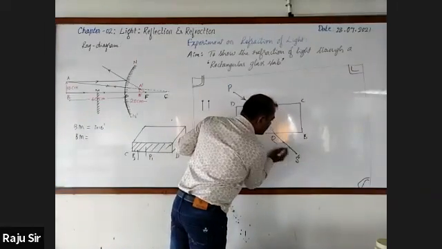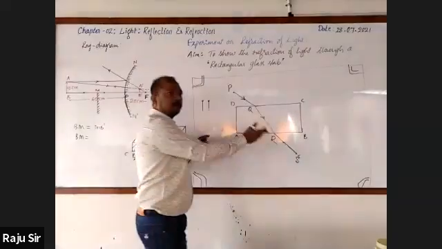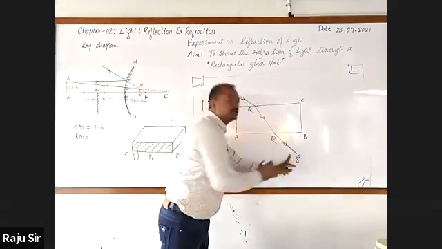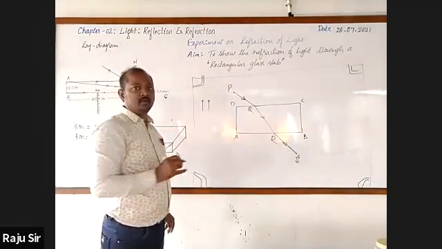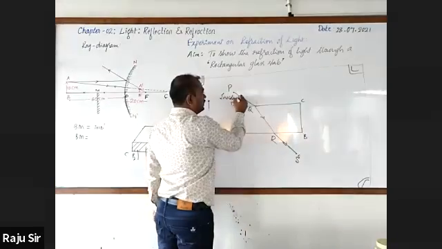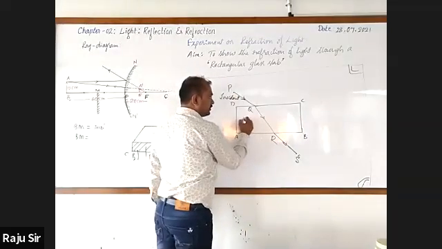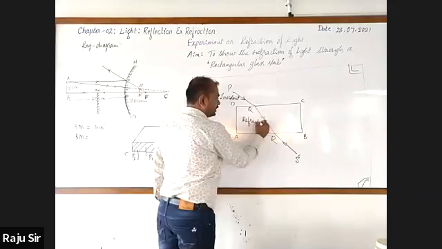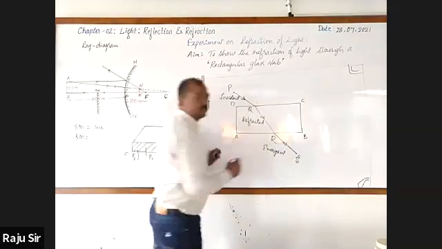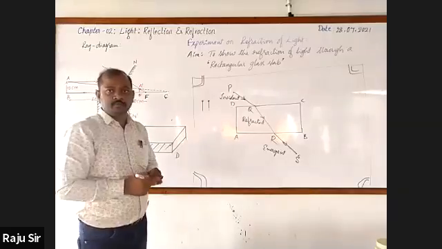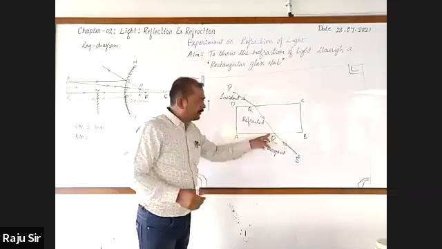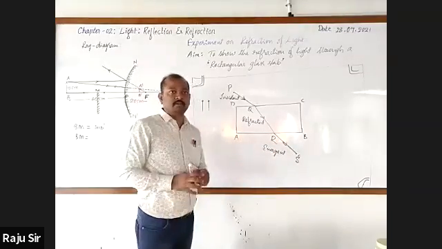RS is the ray of light which is coming out from the slab, and we call this the emergent ray. Once again: this is the incident ray, this is the refracted ray, and this is the emergent ray.